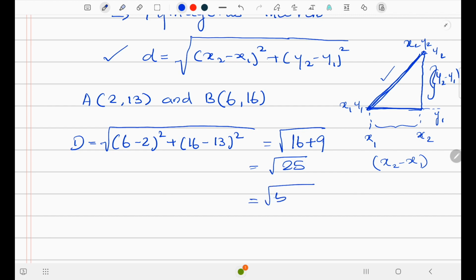What is the root? 5 cross 5, the product of 5 and 5 is 25. So the root of 25 is 5. Hence the distance between the 2 points is 5 centimeters or 5 millimeters, depending upon what metric they use.